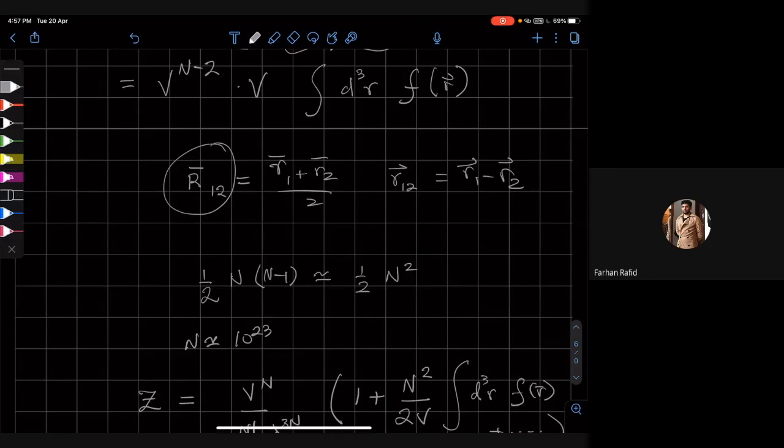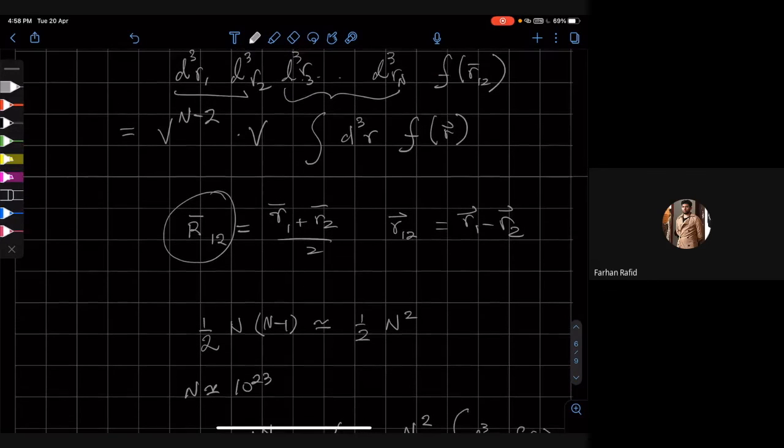R1 plus R2 divided by 2. Is this the average? This is the center of mass coordinate of two molecules. And about the Vn minus 2, why are we treating R1 and R2 differently so that we didn't include them in the volume?